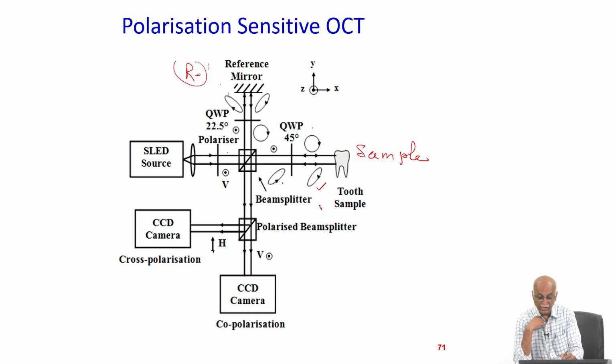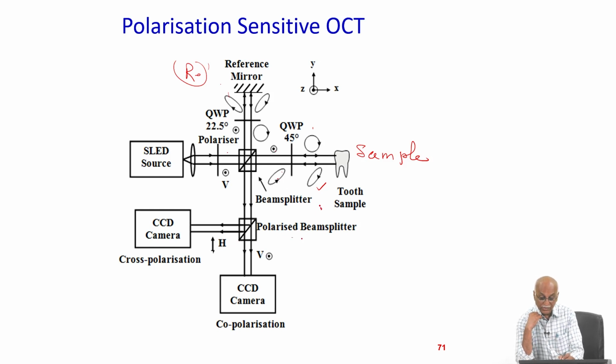And now it has two components, horizontal and vertical. And the light reflected from the reference mirror also has two components, horizontal and vertical, circularly polarized, and here it is elliptical. Only thing is that the component amplitude may be different in case of the tooth sample reflection.